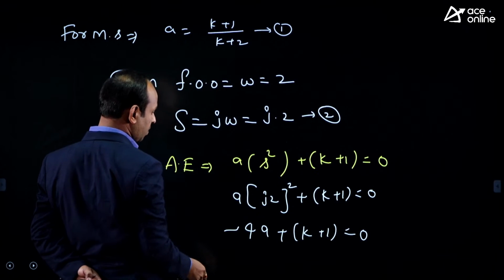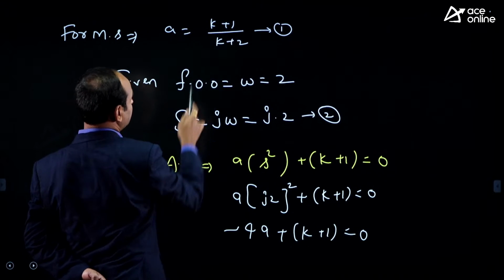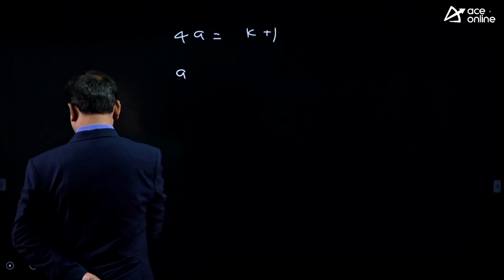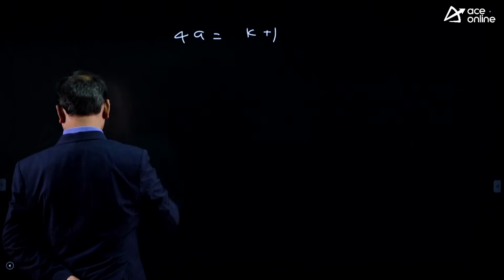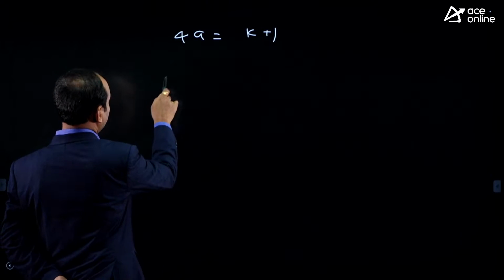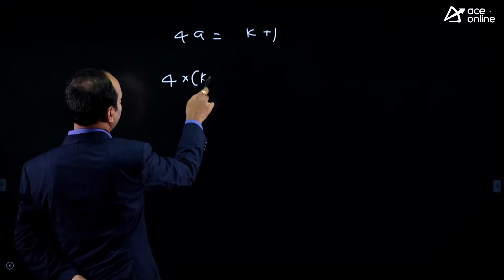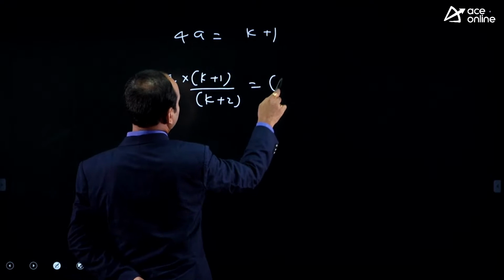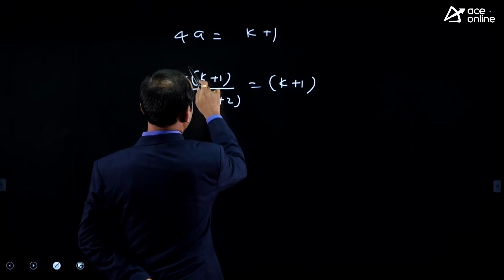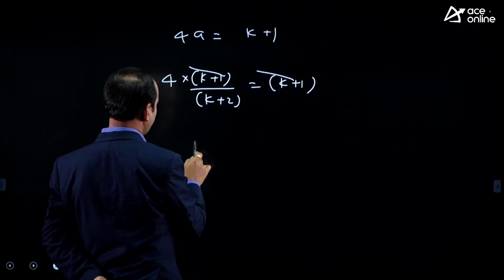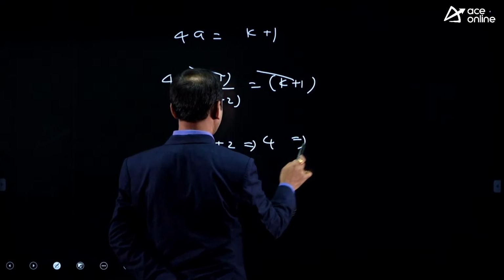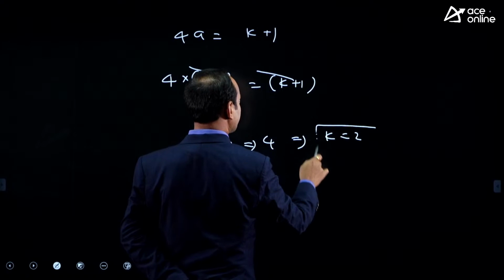What is the a value from equation number 1? (k plus 1) by (k plus 2). So 4 times (k plus 1) by (k plus 2) equal to (k plus 1). K plus 1 cancels. So finally k plus 2 equal to 4. That means k equal to 2.